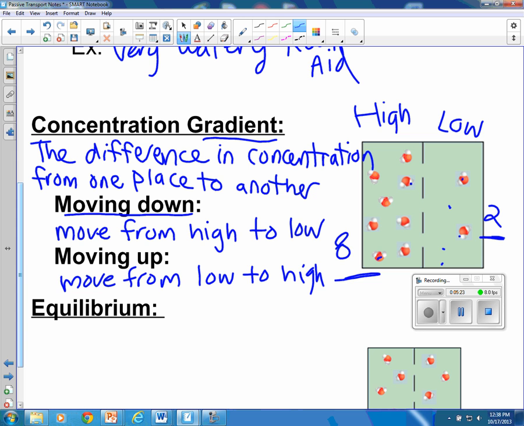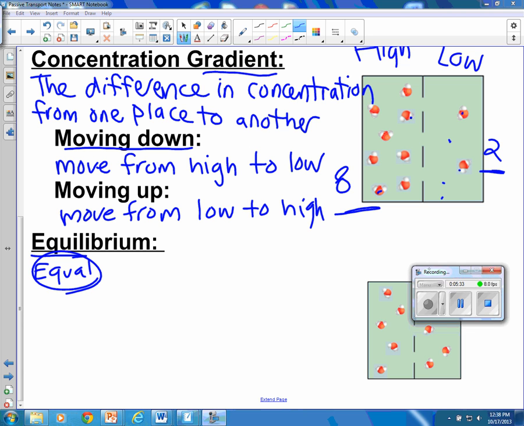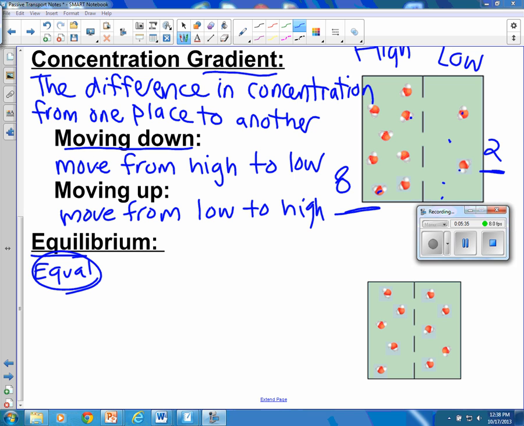Equilibrium. This is the word equal. If you look at this picture over here, you have it on your page. You can see there are 5 molecules in this side and 5 molecules in this side. The molecules are evenly spread out.